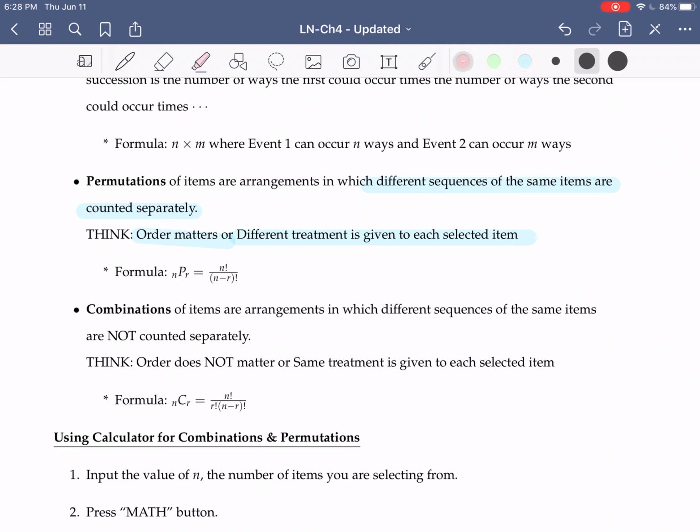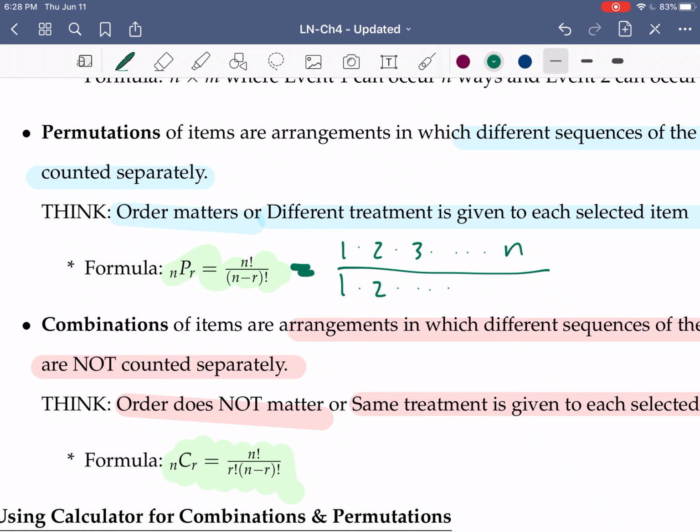So that exclamation point means factorial. That means you're going to multiply from 1 all the way up to that number, or you're multiplying from that number all the way down to 1. So you have here 1 times 2 times 3 times all the way up to n on top, and on bottom you have 1 times 2 all the way up to n minus r.